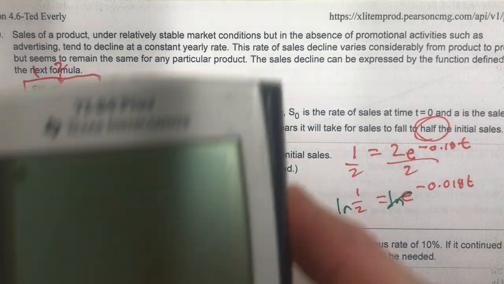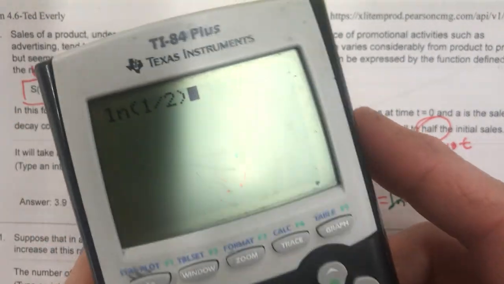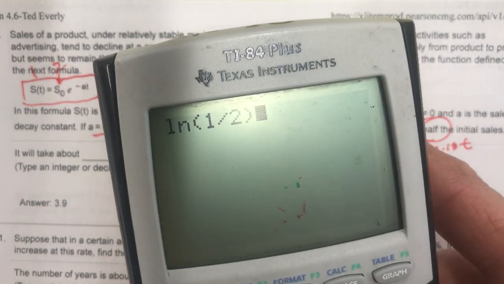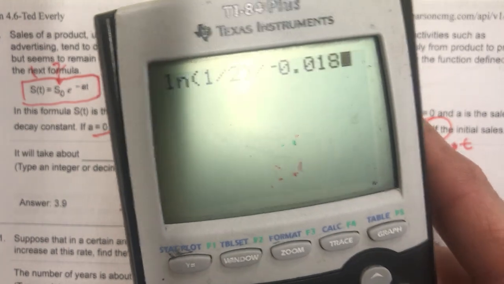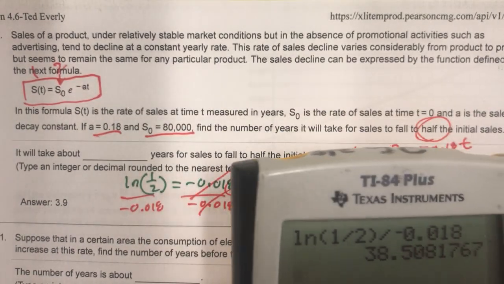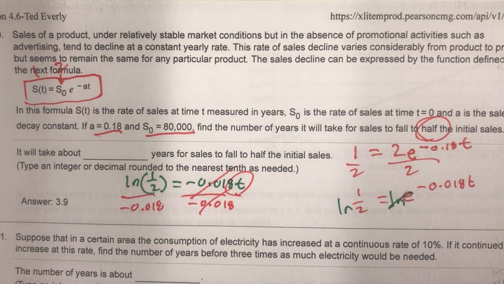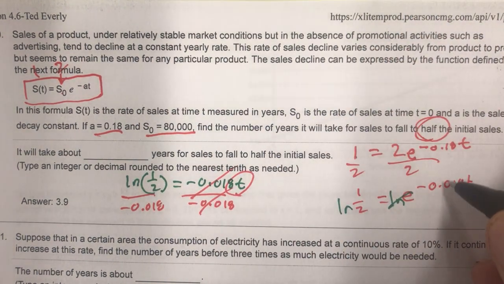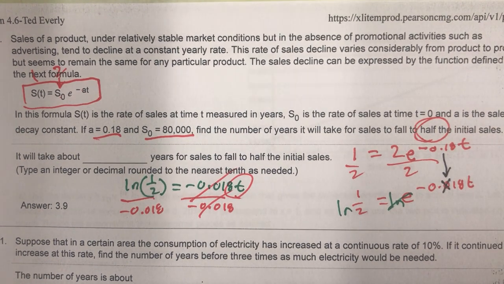So let's see here. I got natural log of 1/2, and I'm dividing that by negative 0.018. I get this 38.5. Well, look at me here. I messed up. I added a 0 in right here. You see that? There's no 0 here.